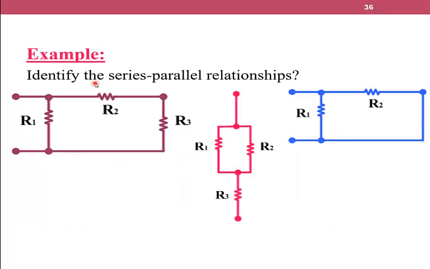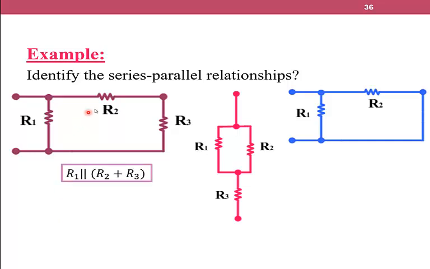Here is an example about series parallel connections. I want you to identify the series and parallel connections in these circuits. First, you may pause the video and tell me what is series and what is parallel.